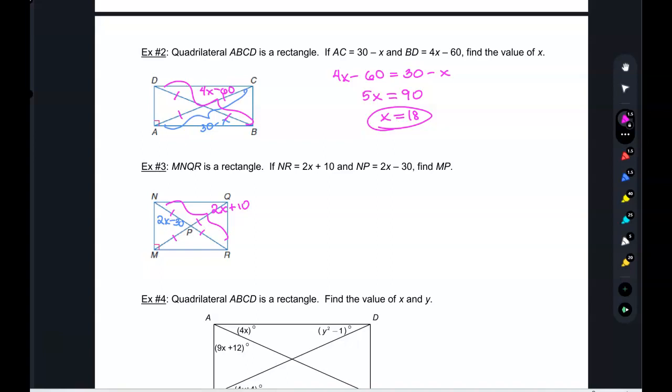So yes, we'll do 2 times 2X minus 30 equals 2X plus 10. That's not the only way to do it. We could also take 2X plus 10 and divide that by 2 and make that equal to the other one.